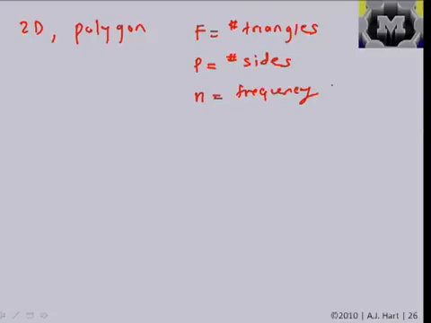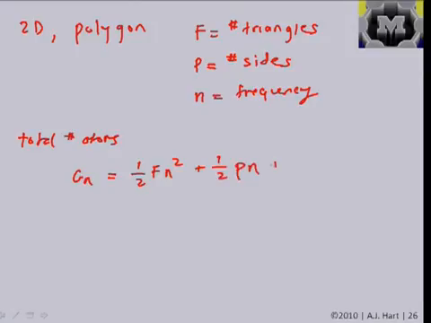Then it can be calculated that the total number of atoms in this polygon, which the authors call capital G sub n, for a polygon of frequency n, is equal to 1/2 capital F n squared plus 1/2 P n plus 1. And then the number of surface atoms, capital S sub n, is equal to just the number of sides times the frequency.